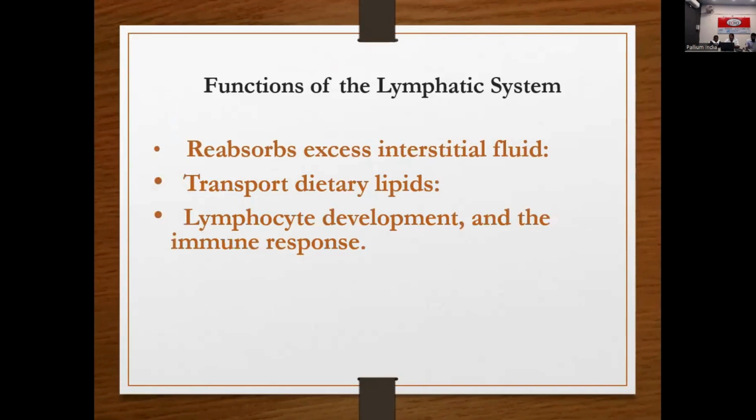Lymphocytes are part of the immune response. Some cells are developed at that time, which is called lymphocyte development. So in infection and inflammation, there is a variation in lymphocytes, which indicates that some infection has developed in our body. So it is part of the immune response.